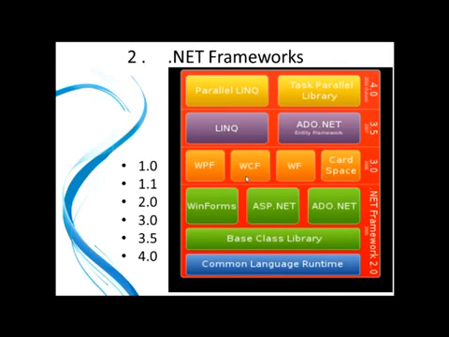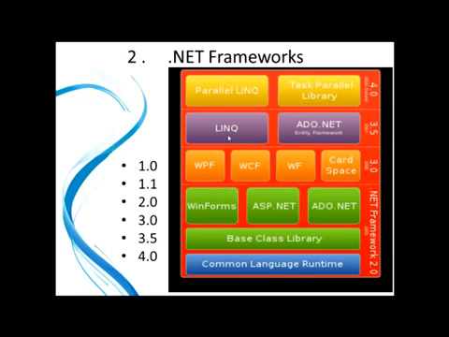The Windows Communication Foundation, this allowed you to use improved web services. Workflow allowed you to code workflows in Visual Studio, and CardSpace allows you to identify people for security purposes.